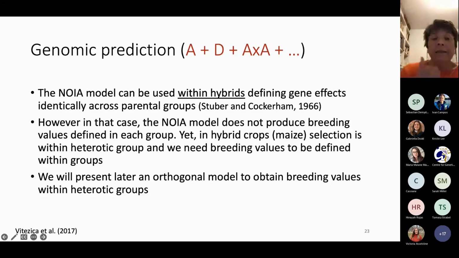However, in that case, the NOIA model does not produce breeding values defined in each group. For instance, in maize, the selection is within heterotic groups, so we need breeding values that are defined in these heterotic groups. And later I will present another orthogonal model to obtain these breeding values.